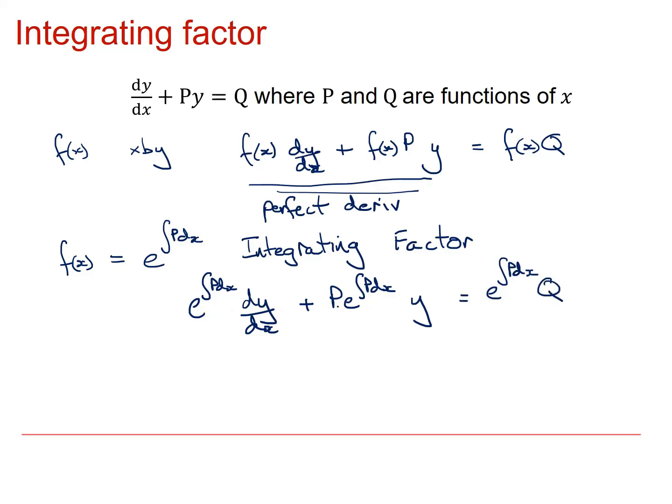And if you just look at this for a second, you'll see that if I differentiate e to the integral p dx, I'm going to get e to the integral p dx again, but multiplied by the derivative of the power, which is p. So this is now a perfect derivative, and in fact it's just the derivative of e to the integral p dx times y.